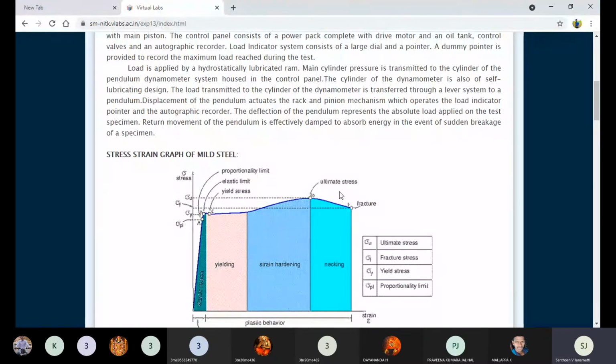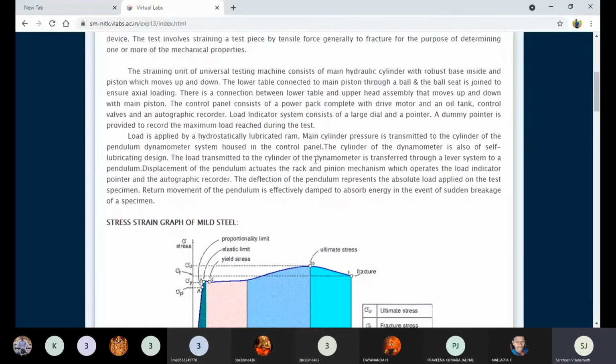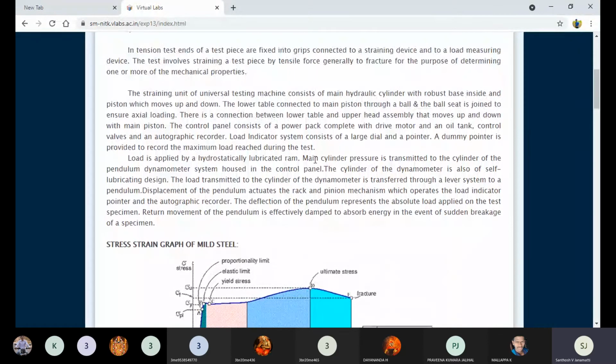That is what we call the deformation ability of that material. This is what we call tensile strength. Simply, some people say it is the ability of the material to undergo plastic deformation before the fracture.